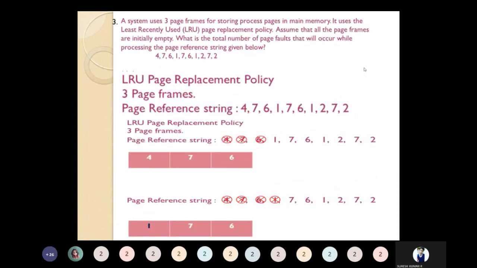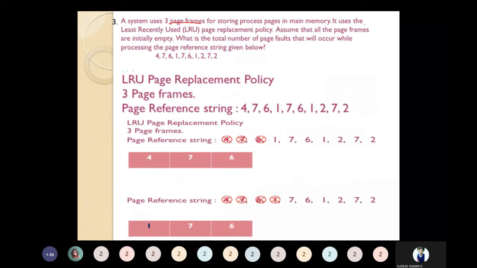So next we're going to see another problem in the page replacement algorithm. Read the question clearly. The system uses 3 page frames, so now we get the idea. 3 page frames, storing process pages in main memory.